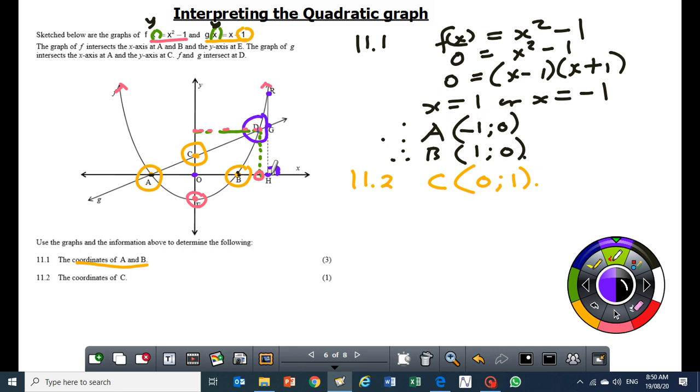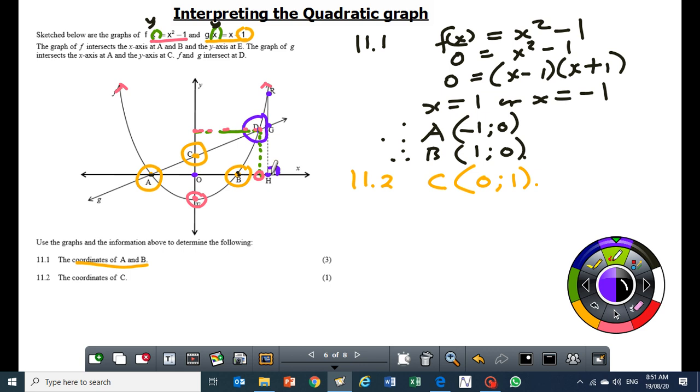Because RH is parallel to the y-axis. What will be the value of x at R? 6. So we know the x value at R, we know the x value at G, it's 6. So all we have to do is find the y value here, y value there, by substituting x equal to 6 into f of x, x equal to 6 into g of x. And then we subtract the two y values.